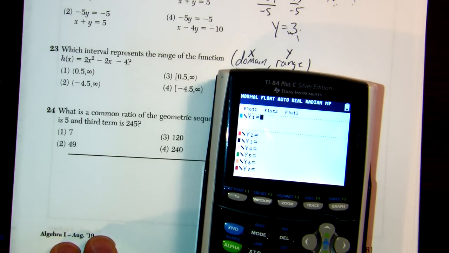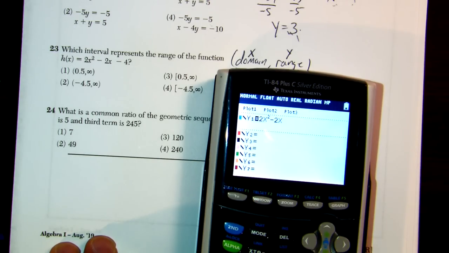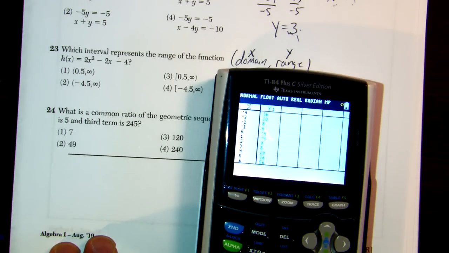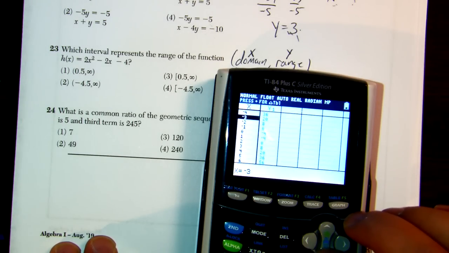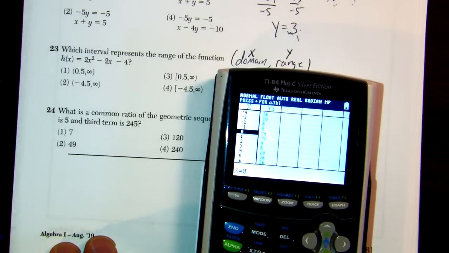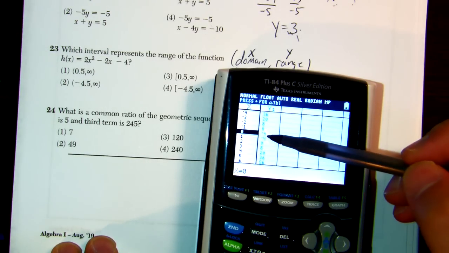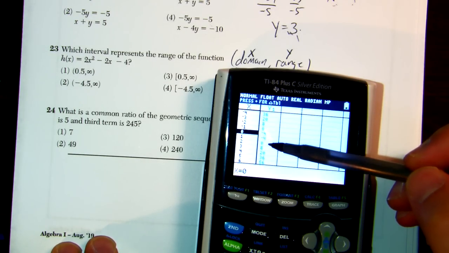So we have 2x squared minus 2x minus 4, second graph. And if you look, we are symmetrical between 0 and 1, where it is at negative 4, so then it starts increasing.